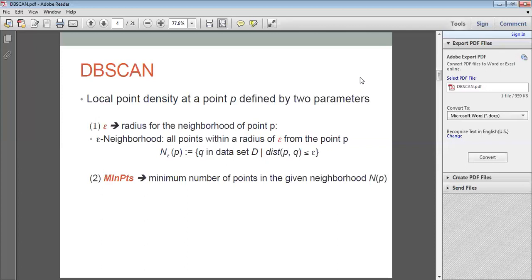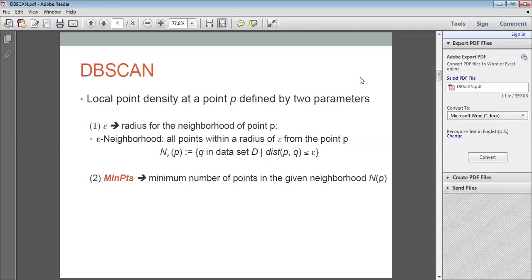In simple words, all the points which lie inside a circle drawn with P as the center and of radius epsilon are called the neighbors of point P, and it's represented as N epsilon of P.